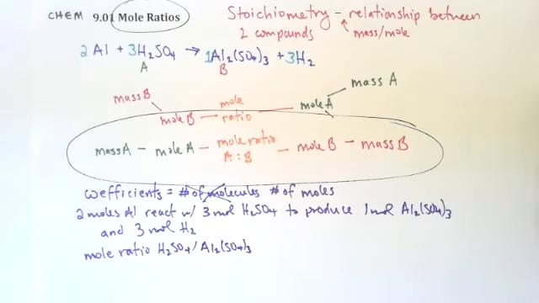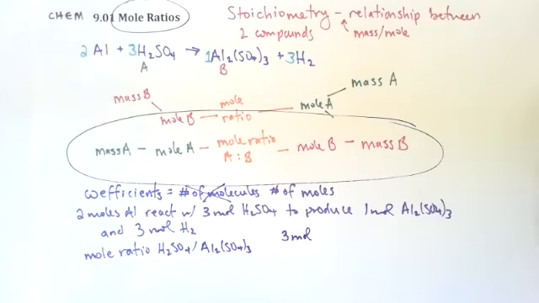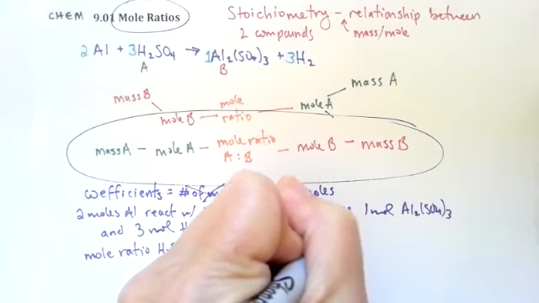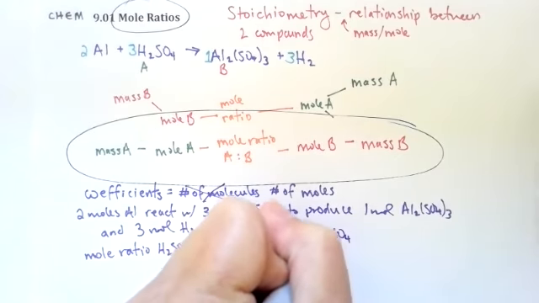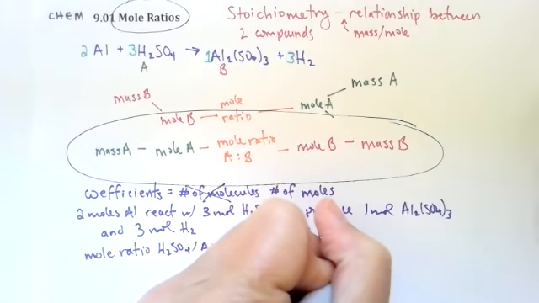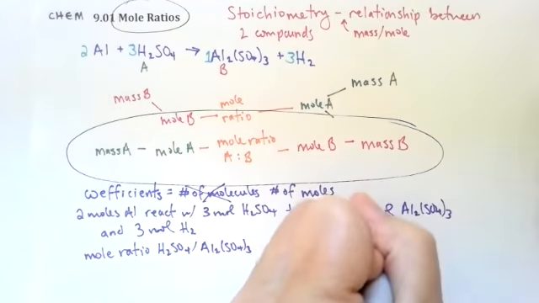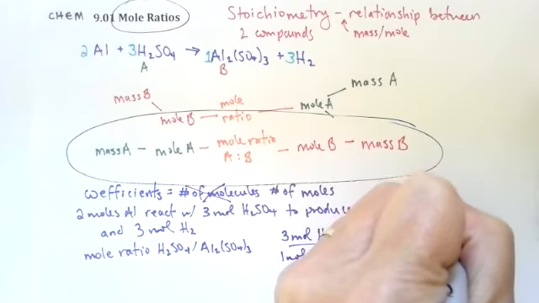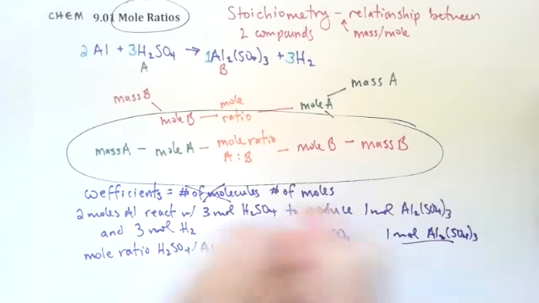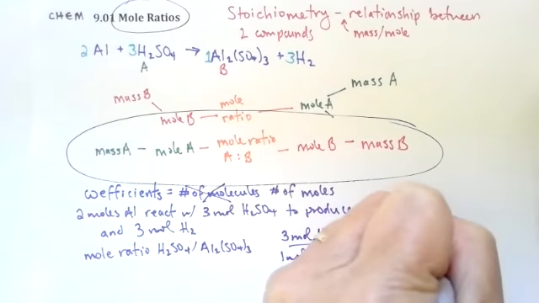The way we're going to write that is 3 moles of H2SO4 to 1 mole of Al2(SO4)3. Remember, this is now a conversion factor. Conversion factors can be flipped. I could also write this as 1 mole of Al2(SO4)3 to 3 moles of H2SO4.